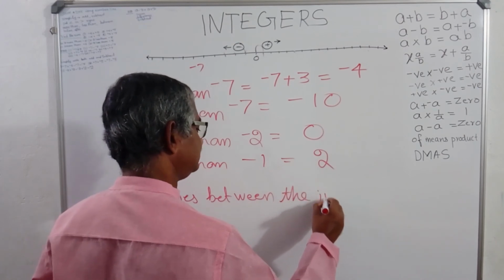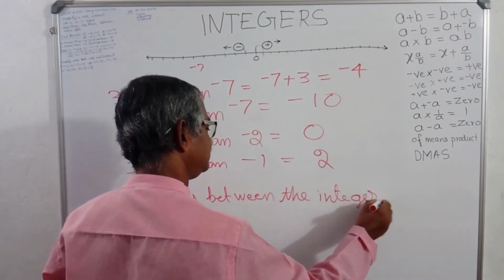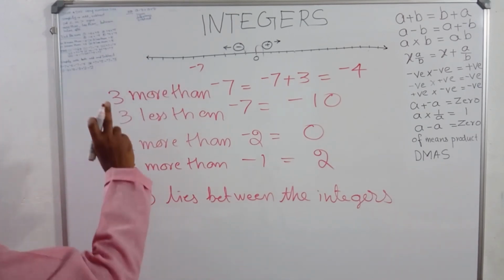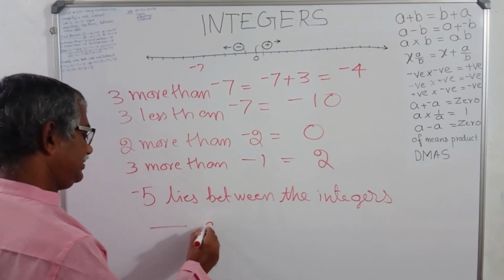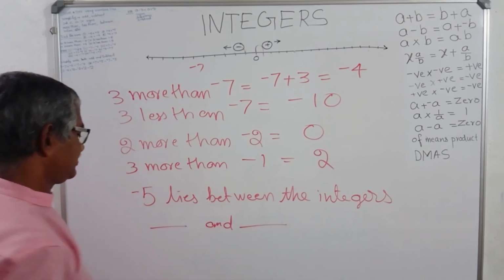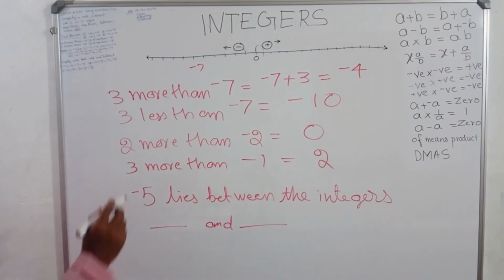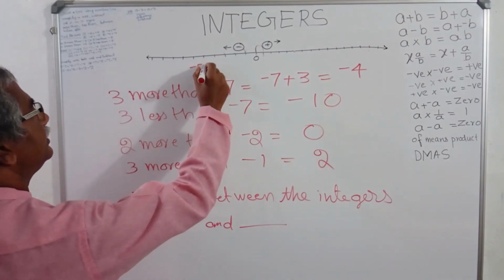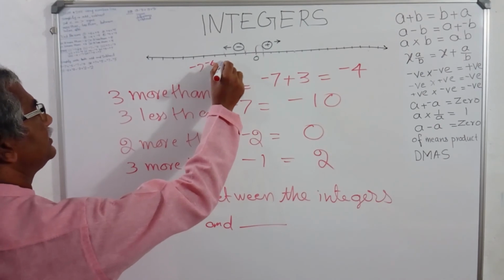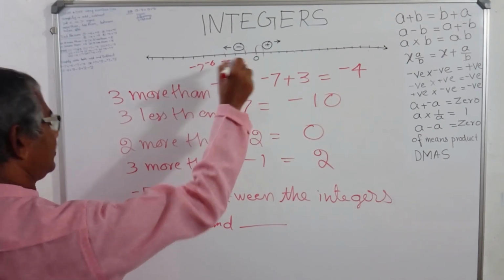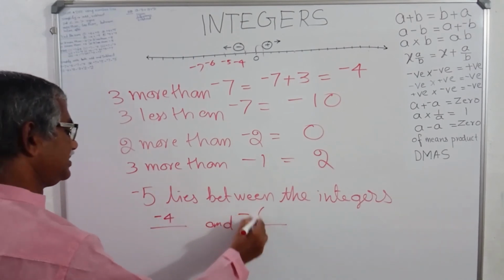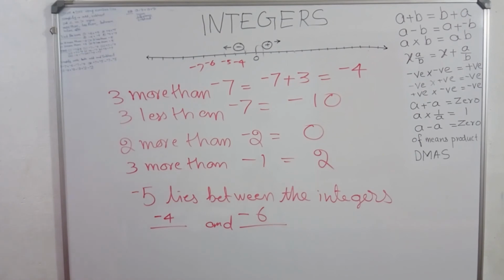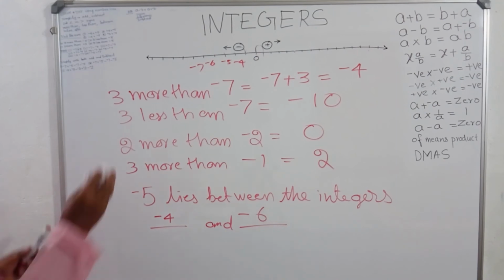Again, can you fill in the blank? -5 lies between -6 and -4. It is so simple to understand.